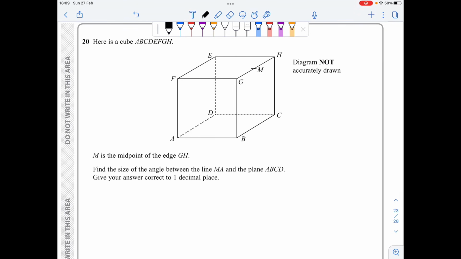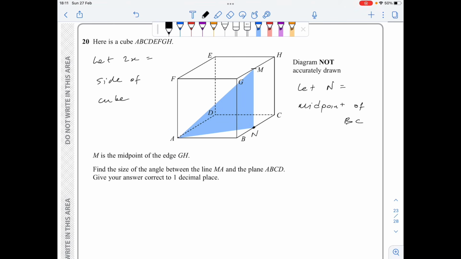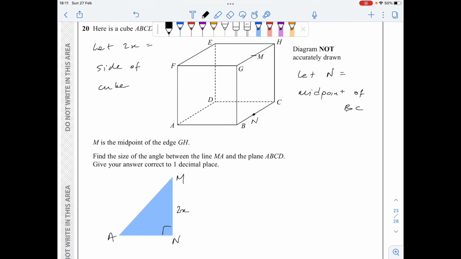I'll start question 20 by letting 2x be the side of the cube and also point N be the midpoint of BC. The angle I'm asked to find is the angle MAN. This is a right angle triangle, and let's extract it from the shape.